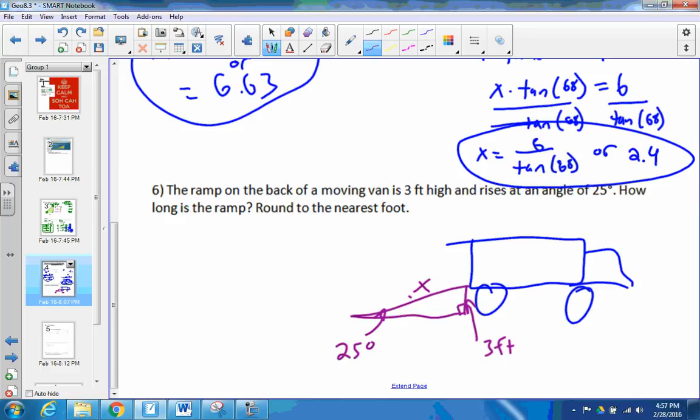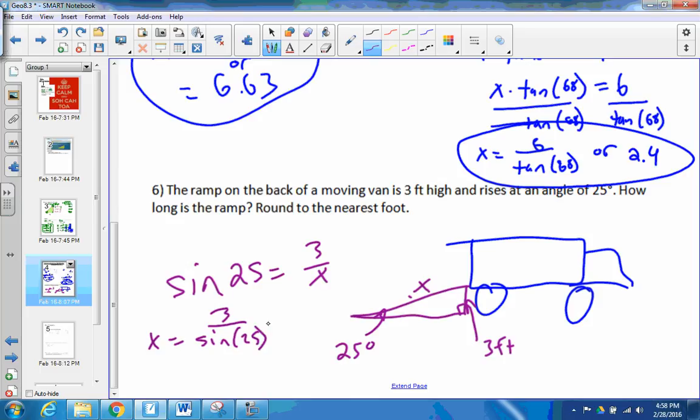So we have the opposite, and we have the hypotenuse that we're looking for. So that would be sine of 25 equals the opposite, which is 3 over x. All right, and you're going to have to solve that like we did before. Multiply both sides by x and then divide by the sine of 25. So you'll end up getting x is equal to 3 over the sine of 25.